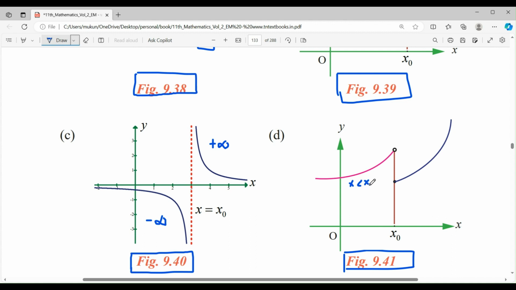Like we saw in our first graph, you have this open circle here which indicates that the pink line is defined for all values x lesser than x naught and strictly does not include x naught, right? So that is the interpretation of the pink line. And what is the interpretation of the blue line? The blue line starts from x naught, and this dark point, which we can call a closed circle, indicates that this particular function is defined for x greater than or equal to x naught.